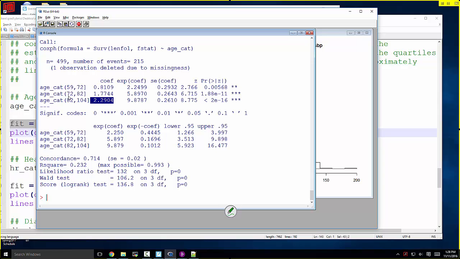If age is linear in its effect on log hazard, then at least approximately these should be linearly related to the locations of these intervals. For example, we could take the midpoints of these intervals, plot them on the horizontal axis, and these estimated coefficients on the y-axis, vertical axis. And if that looks roughly linear, then that's evidence that age is roughly linear for this model.